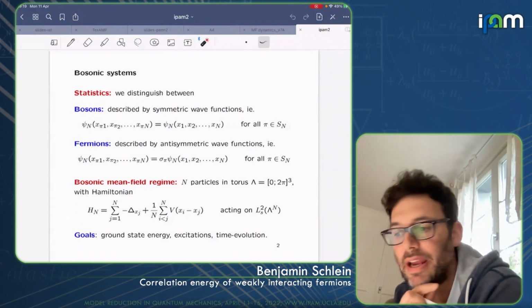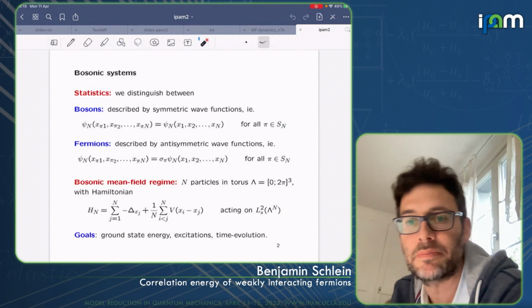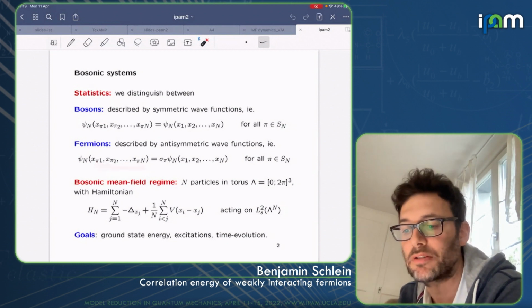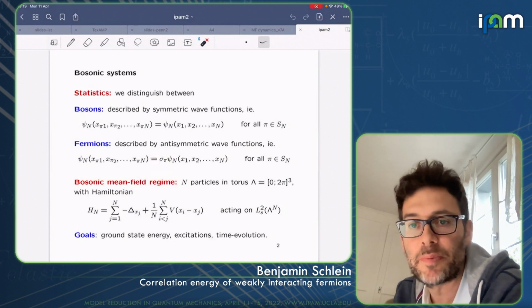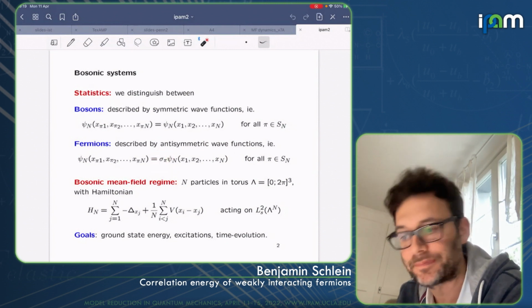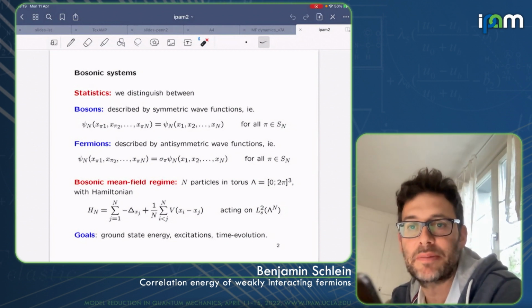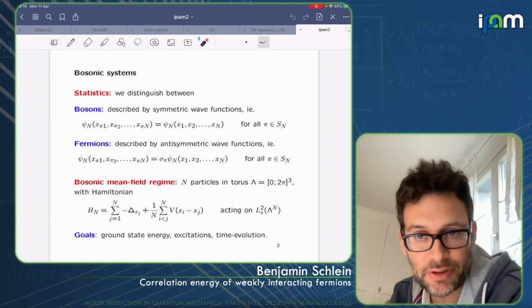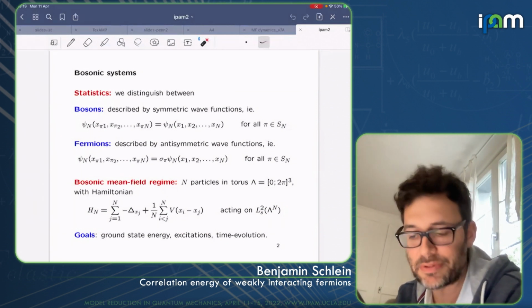Fermionic systems, on the other hand, are described by wave functions that are anti-symmetric with respect to permutation of the particles. So if you permute the particles with this permutation pi, at the end you have to multiply the wave function psi with the sign of the permutation, which is denoted by sigma pi. And as we will see, these different statistics, with different symmetry with respect to permutations of the particles, have important consequences on the behavior and the properties of the systems.